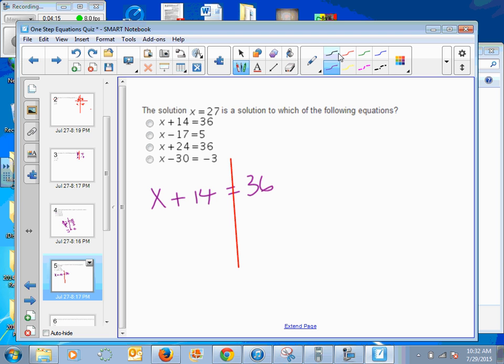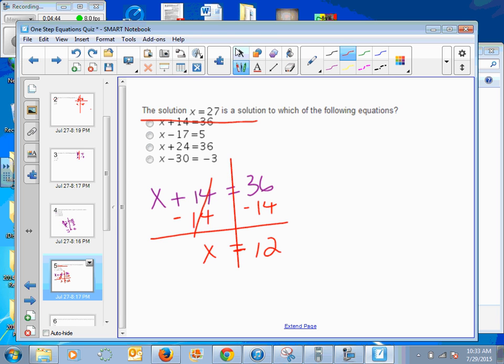You've got a plus 14, so we do the opposite. We want to do minus 14. So that goes away. X is equal to 12. We're looking for 27, so we see that that is not it.